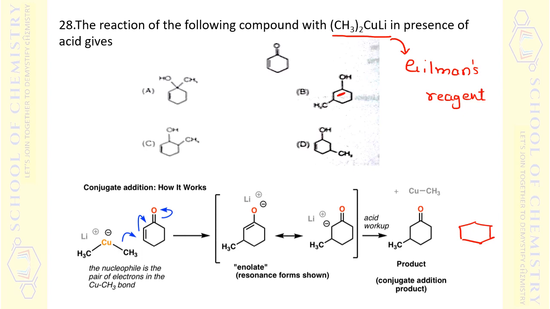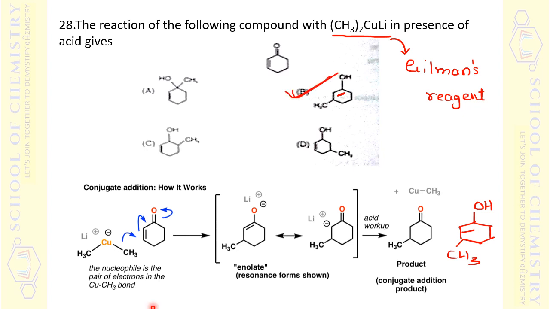Of course, this compound is more stable, the product they have shown, and this we can expect. But the other tautomeric form, if I write it, can be written thinking that this O minus undergoes protonation, right? And this double bond will be as it is, and here it will be the CH3 group. So this should have been the answer, and that is option B. Therefore option B should have been the correct answer for this, right?